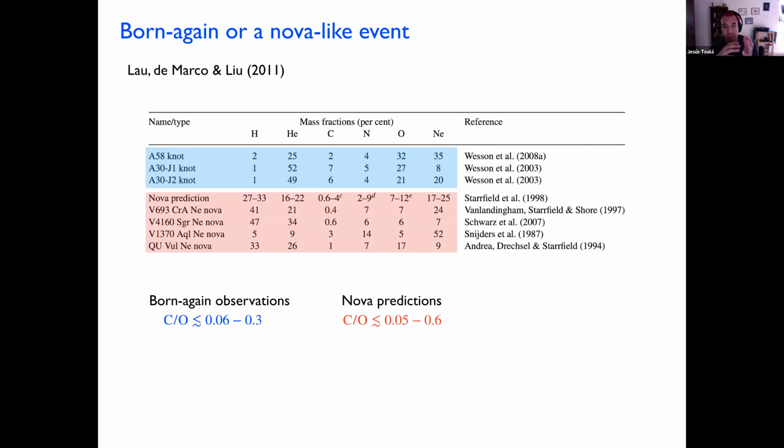This is a very nice paper, in which they suggest that this has something to do with binarity, because we more or less know that most central stars of planetary nebulae harbor binary systems, or were formed because of binary systems. So this made more sense for them. But then again, if Abell 30 and Abell 78 are born-again objects, where is this missing carbon?